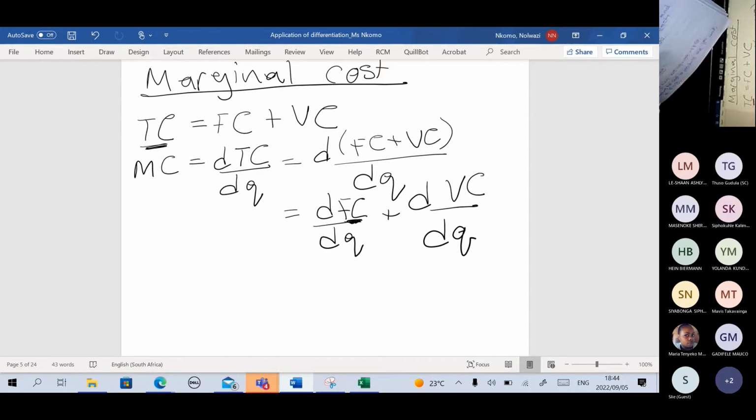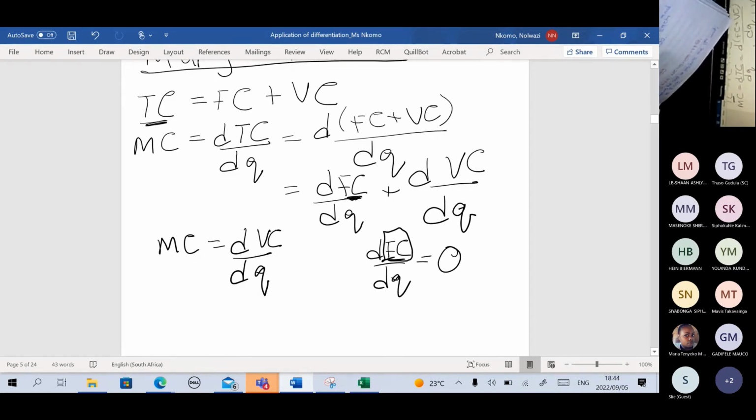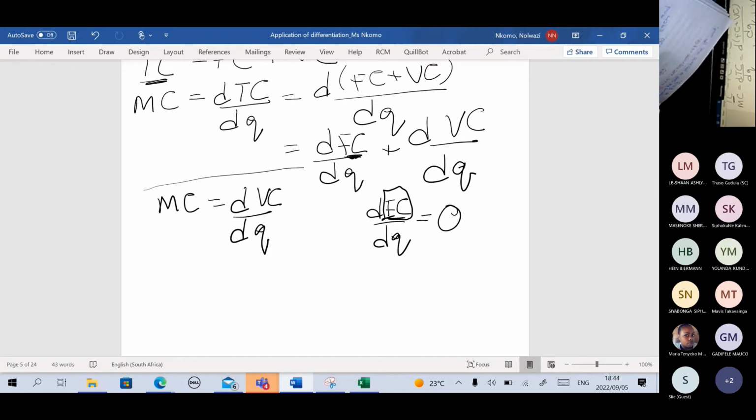So the marginal cost is equal to the derivative of the variable cost with respect to Q. Right, so we can use this formula to find the marginal cost.